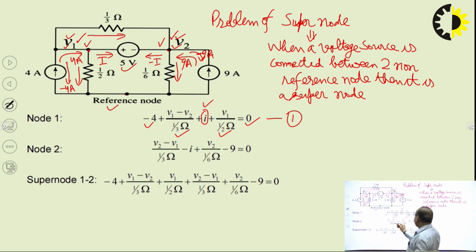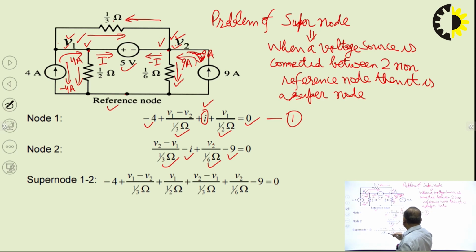So, the equation will be (V2 minus V1) upon 1/3, that is this current we have taken here in this direction, plus V2 upon 1/6, that is this current, minus 9 ampere, that we have already seen here as an outgoing current, and minus I that we have taken here in this direction, as a leaving current.